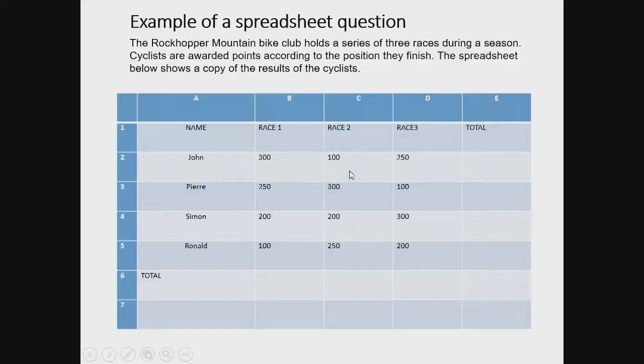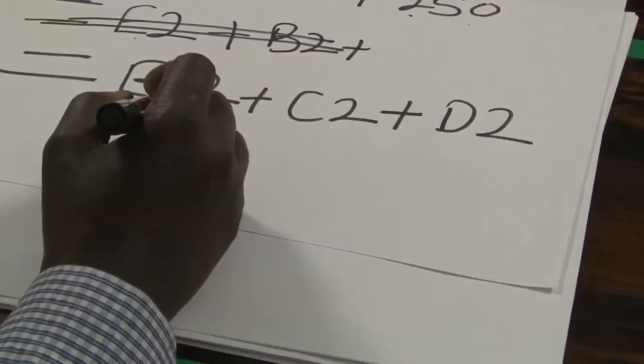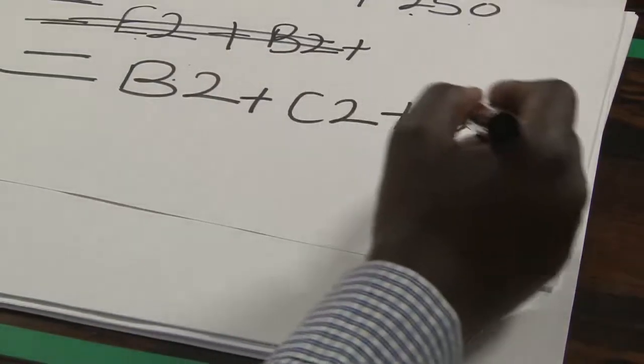Can you see this 100? It's in cell C2. Can you see this 250? It's in cell D2. That is column D, row 2. That's why we call it D2. So just use the name of the cell instead of the numbers. That is why, if you go back to what I wrote here, I said B2 plus C2 plus D2.